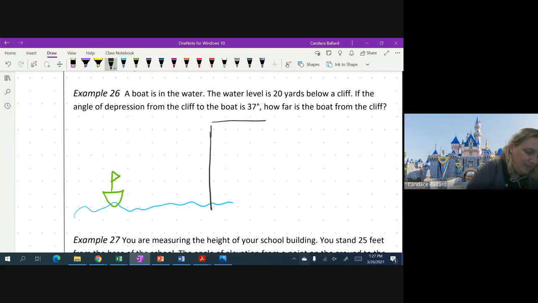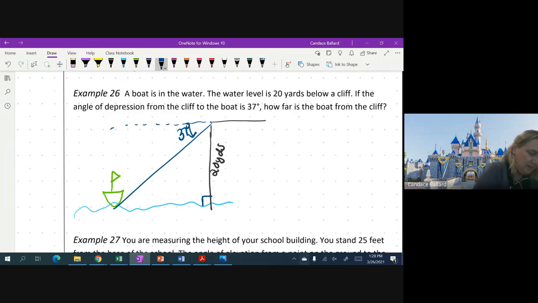So it says it's 20 yards below the cliff. So this is 20 yards. If the angle of depression from the cliff to the boat is 37 degrees. So we've got our angle of depression. Oh, we got to be careful. Remember, my angle of depression is going to come down from the horizontal. This is the 37 degrees.